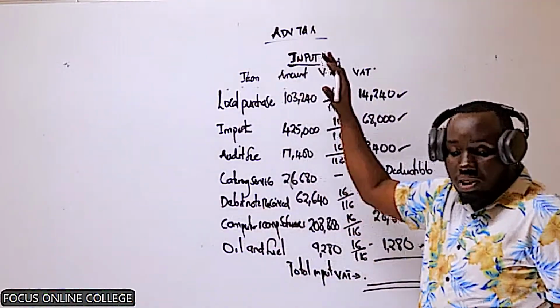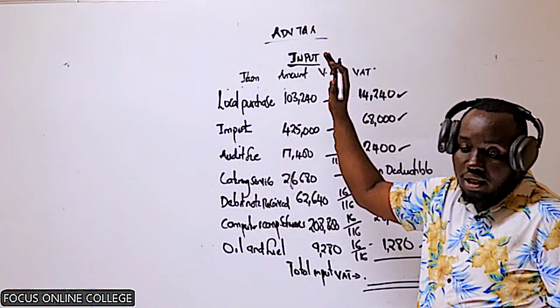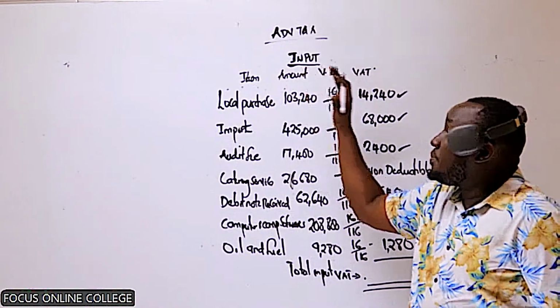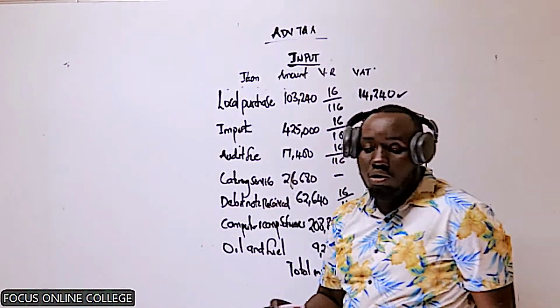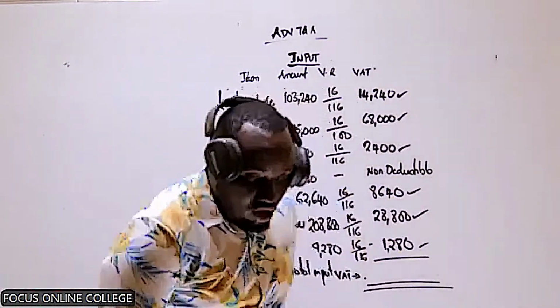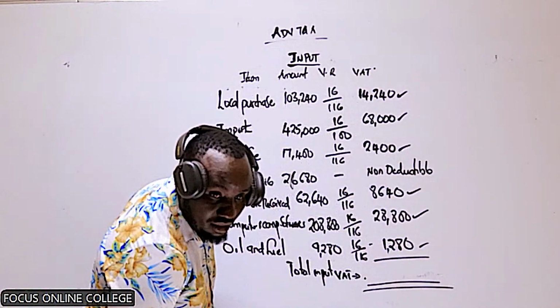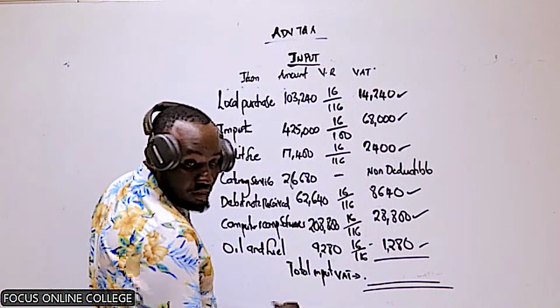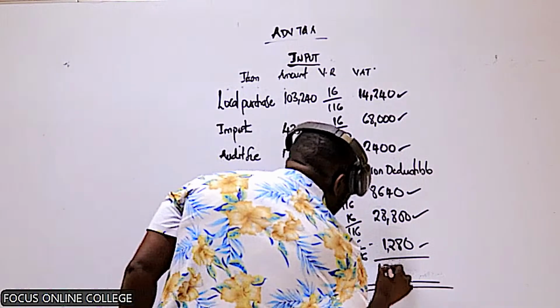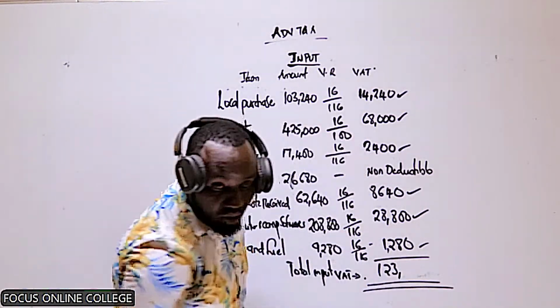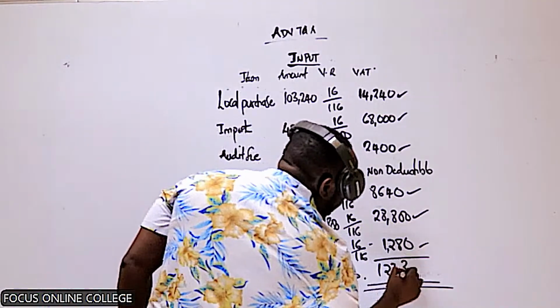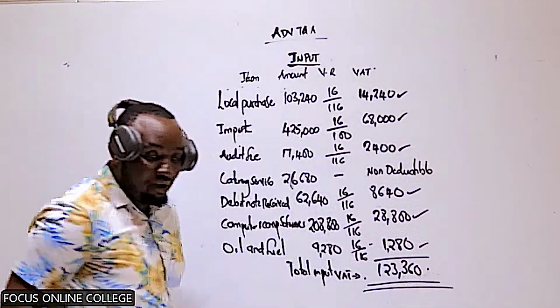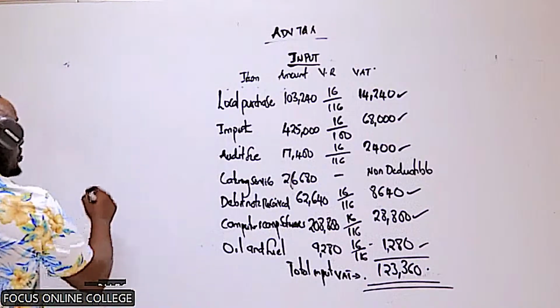Remember, when you're doing the restriction, we separate input and output. Are you sorted? If that is sorted, you respond with a yes. So that should be 123,360. Perfect. So then you go to the output.